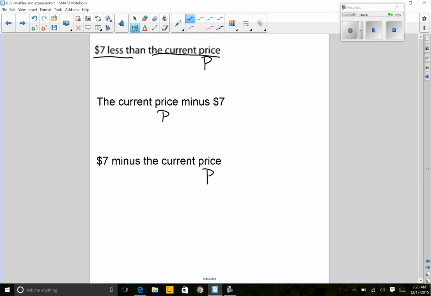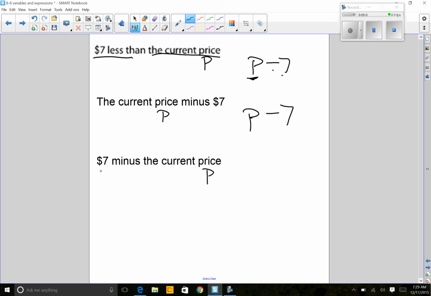We know all three of these are dealing with subtraction. So this would be p minus 7. It's the current price less $7. This one is the current price minus $7. I think that's the most straightforward of the three.